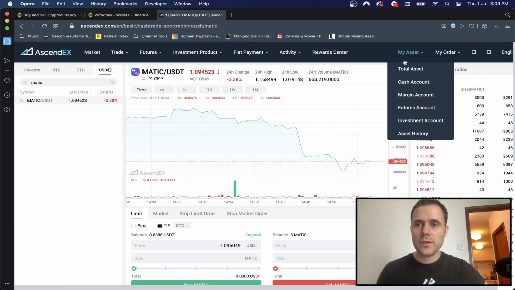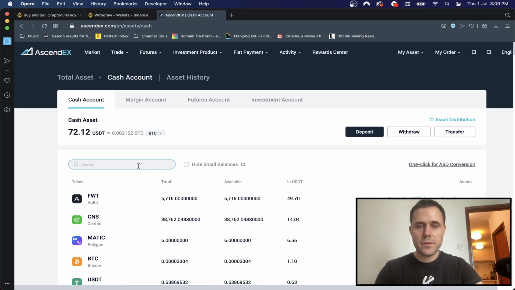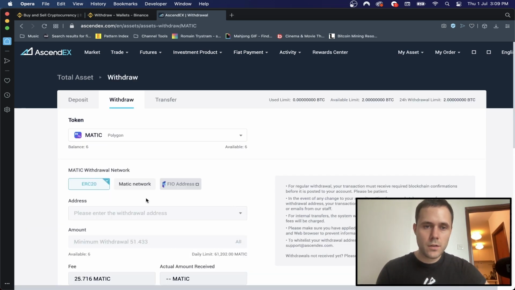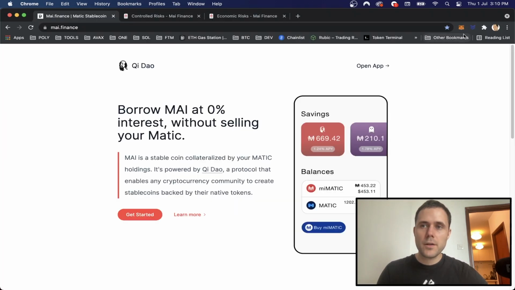Then what we need to do next is go to our cash account. Then we need to search Matic and click withdraw, and then make sure we select the Matic network. Now we are going to need to paste the address of our MetaMask wallet. So if we go to our browser, you need to install MetaMask.